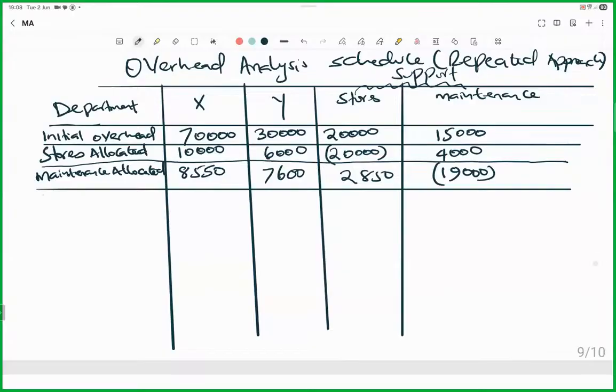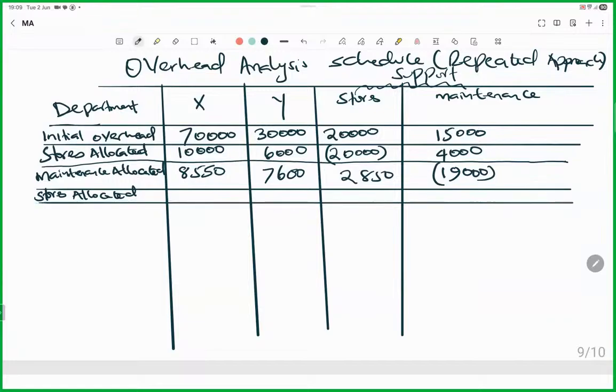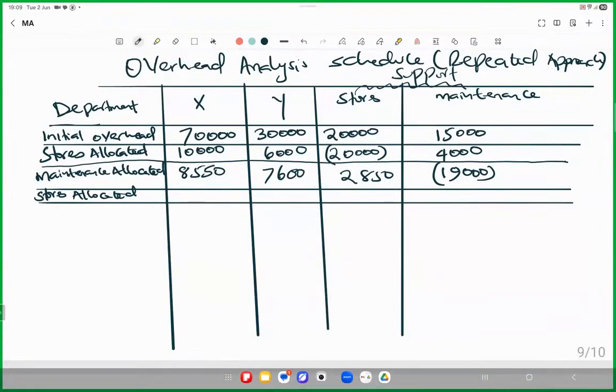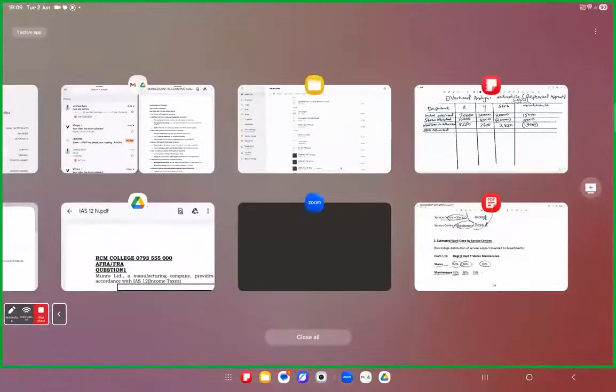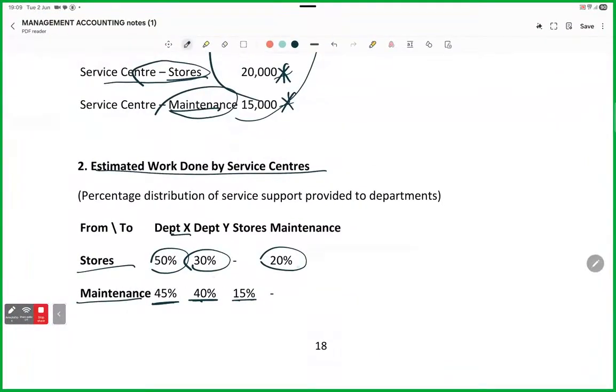So we repeat. Stores are allocated. Do you remember the percentages of stores? It is 50, 30, and 20.